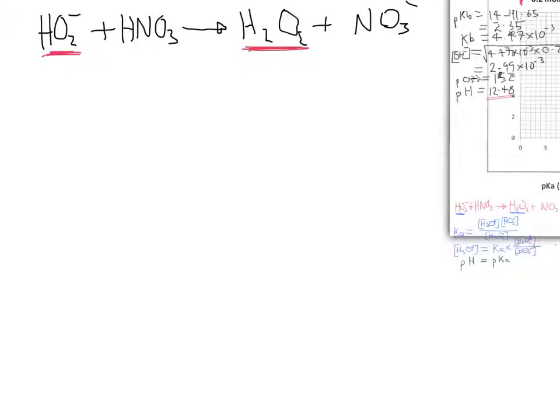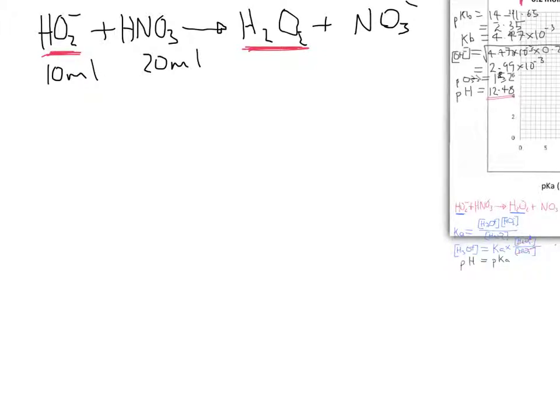So at the equivalence point, we now have our weak acid and our nitrate, which is just a spectator ion, it's neutral. So we essentially have a solution of weak acid. However, our solution of weak acid, even though it has the same amount of weak acid as we initially had of the weak base, has now been diluted. The reason is initially I had only 10 milliliters of this, but I've added an extra 20 milliliters of this.